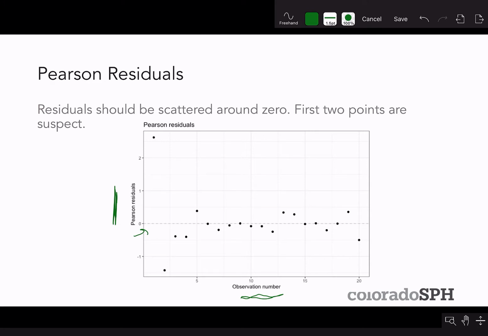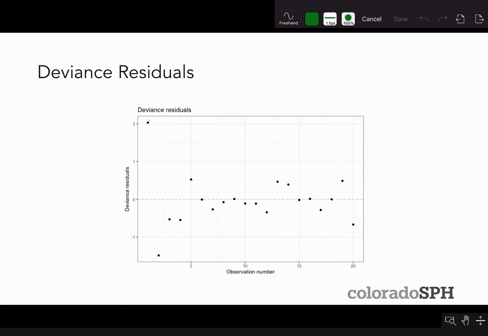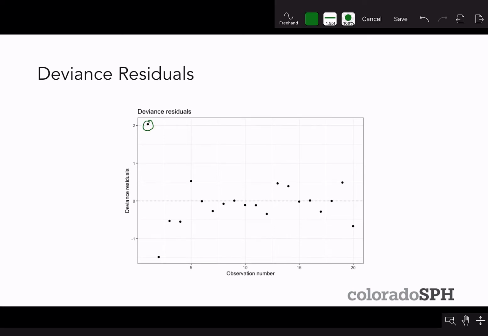For the most part that seems to be satisfied, except for these two points, which are much farther away from 0 than the rest of them. So those are potentially suspect based on this diagnostic plot. Deviance residuals are interpreted in much the same way. Again, looking at this plot, these two points are just farther away than the rest, so they're potentially suspect in this model.